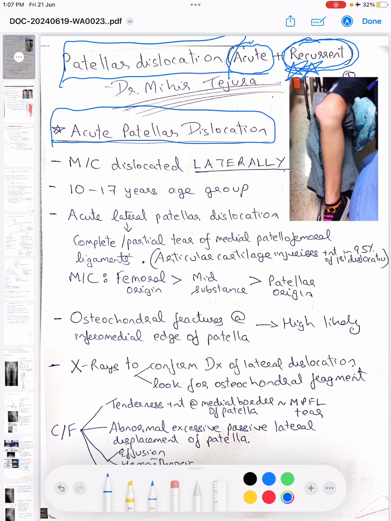Most commonly the patella is dislocated laterally. Cases of acute patellar dislocation in casualty occur most commonly in the adolescent age group, that is 10 to 17 years of age.